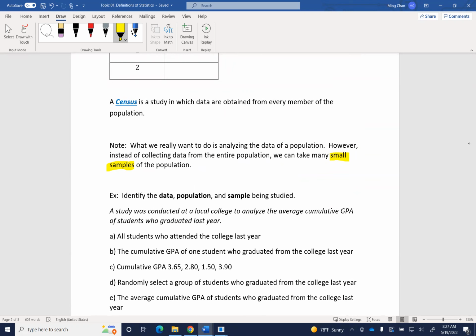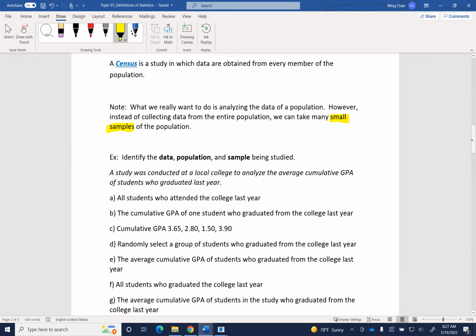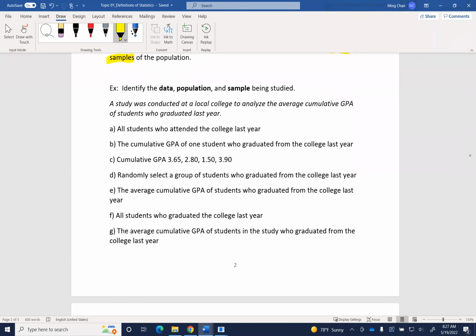All right, so let's try an example. What we want to do is read these choices and identify the data, population, and sample. The scenario is this: a study was conducted at a local college to analyze the average cumulative GPA of students who graduated last year. So this survey is conducted at this local college.